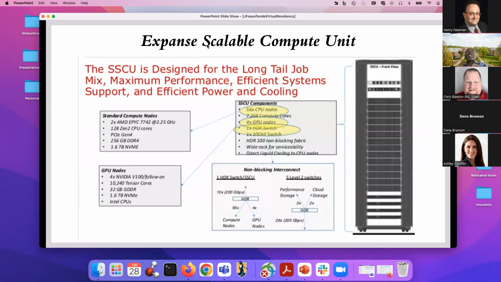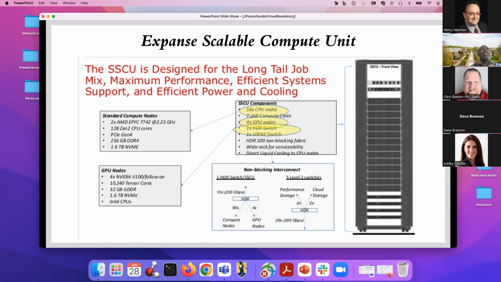So the Expanse scalable compute unit, which we'll refer to as the SSCU, which is actually the San Diego Supercomputing Center Scalable Compute Unit, is designed for the long tail jobs, a mix of systems. As we can see here, the components have 56 CPU nodes, 4 GPU nodes.